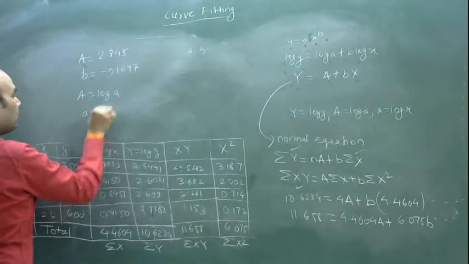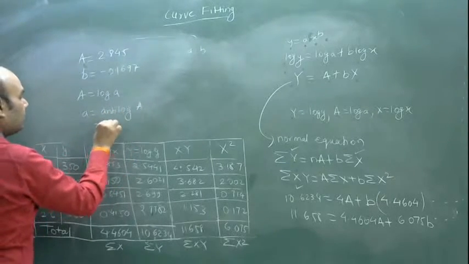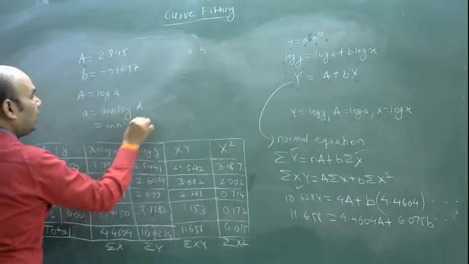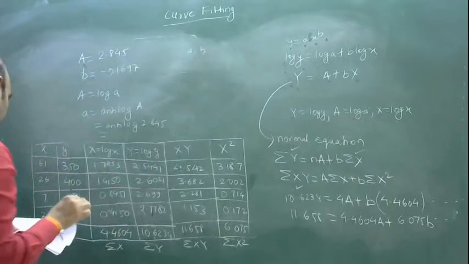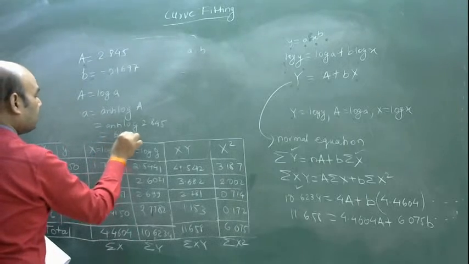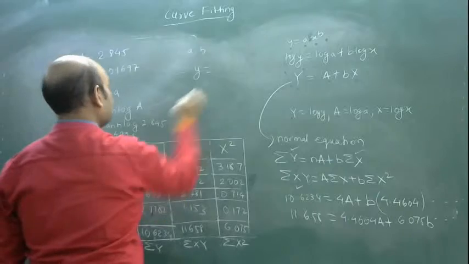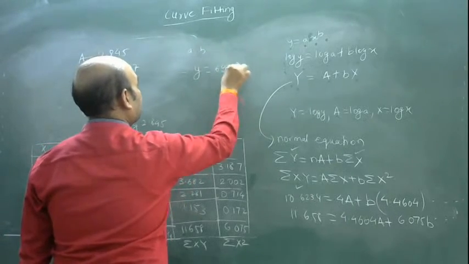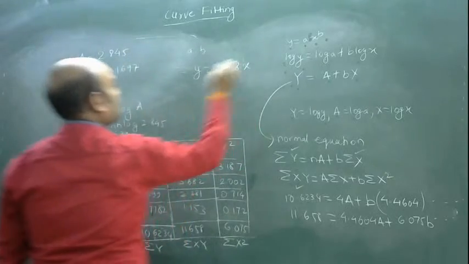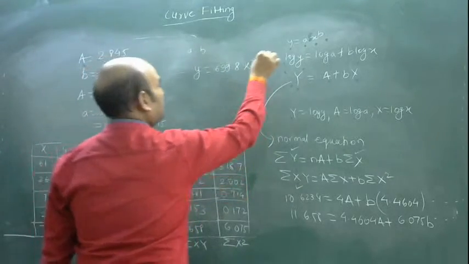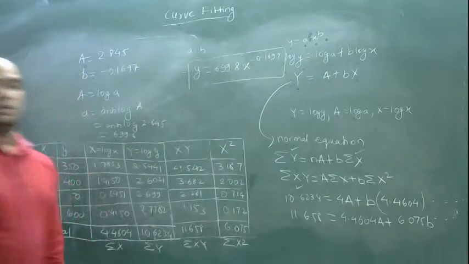So a will be equal to antilog of capital A. This is antilog of 2.845, so the value of a is 699.8. So the curve will be y is equal to 699.8 x to the power b, where b is minus 1.697. So this is the curve.